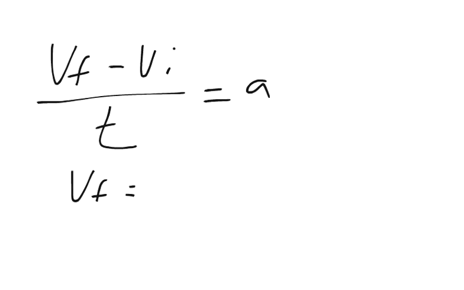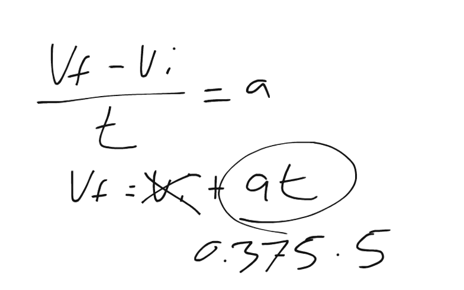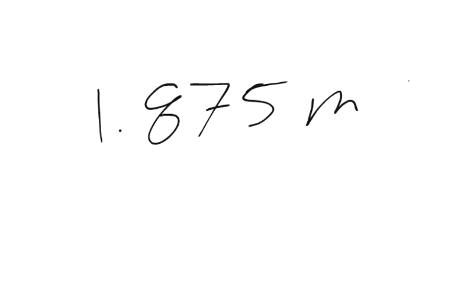Final velocity is the initial velocity plus acceleration times time. The initial velocity is 0, so our final velocity equals 0.375 times 5, which is approximately, the final velocity will be 1.875 meters per second.